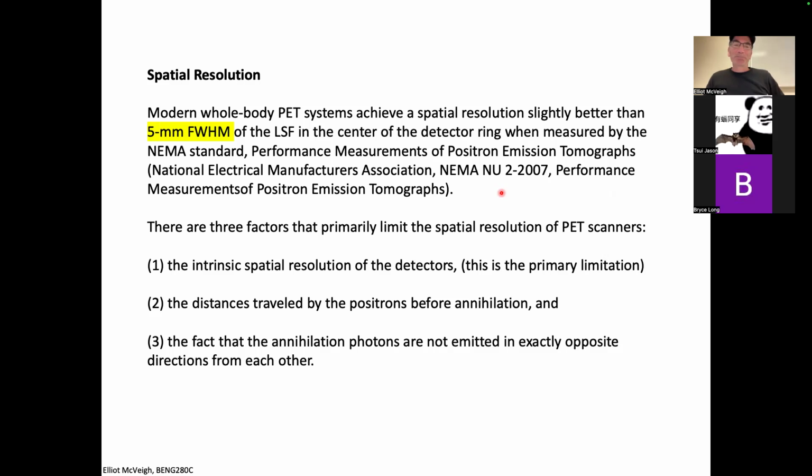So anyway, spatial resolution for PET, sort of order of magnitude, is 5 mm full width at half max. So that means if I have a little vitamin pill, 1 mm or 2 mm across, full of some positron emitting stuff, and I put it in the scanner, I'm going to see an image that is a Gaussian that has a 5 mm full width at half max.